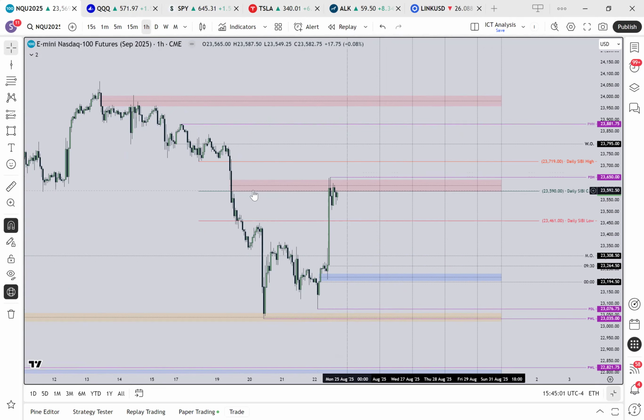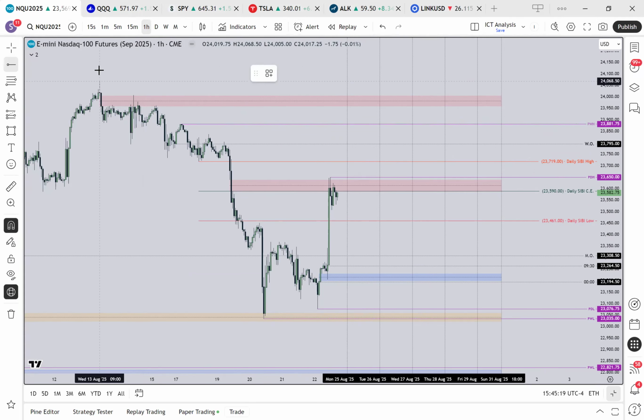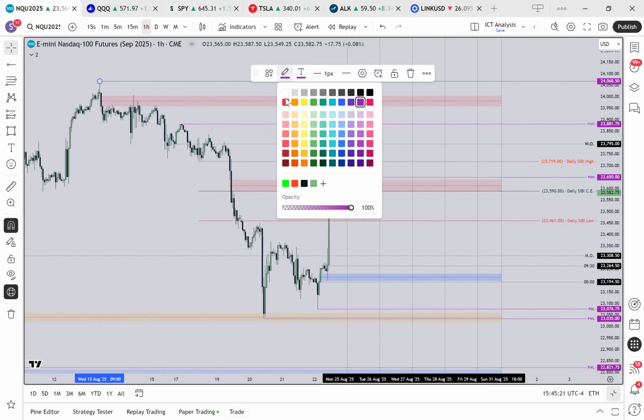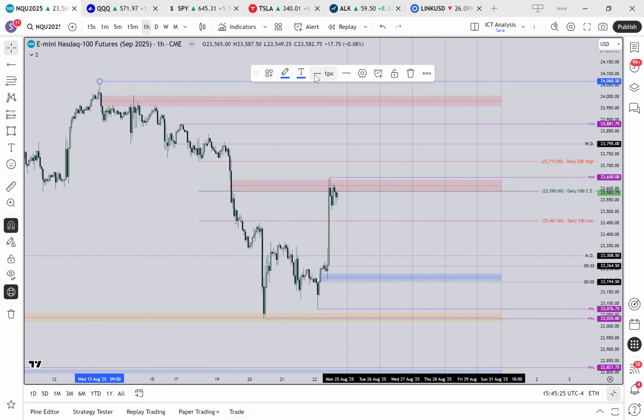Or if we trade above this inefficiency, especially the daily high, then I'm looking for market maker buy models on the retracements to take out last week's high and potentially reach for the all-time high, resting here at 24,068.50.